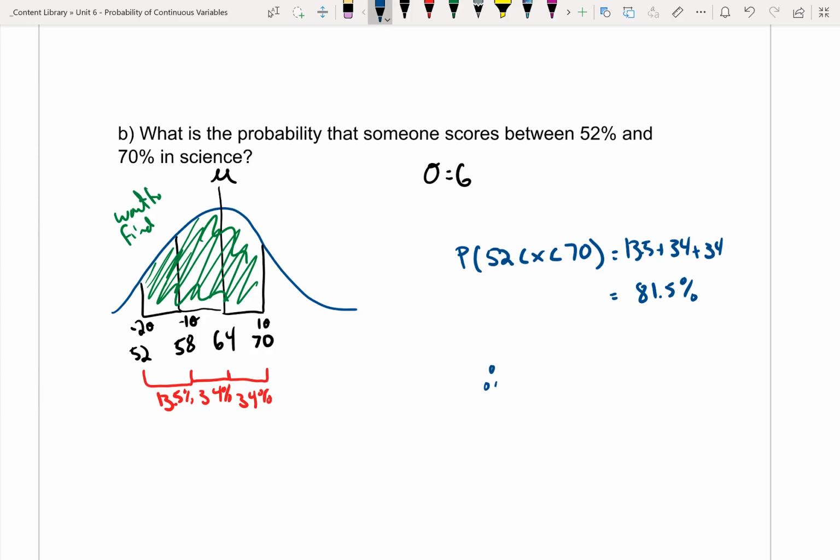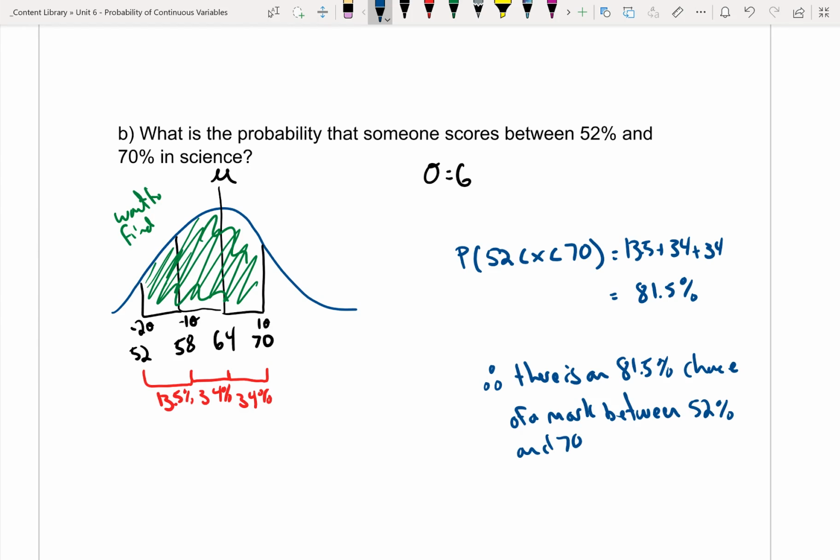So that means there is an 81.5% chance of a mark between 52% and 70%. So it's just using the idea of what standard deviations are and what percentage of data is between standard deviations underneath the graph.